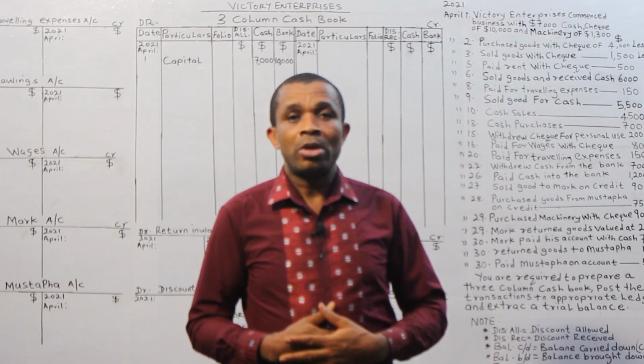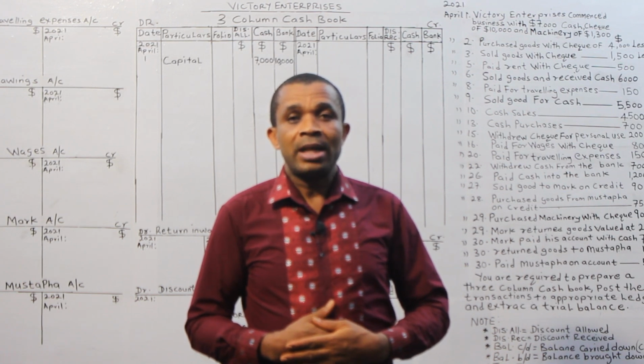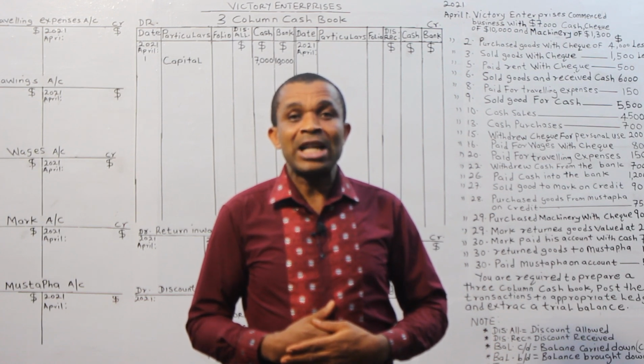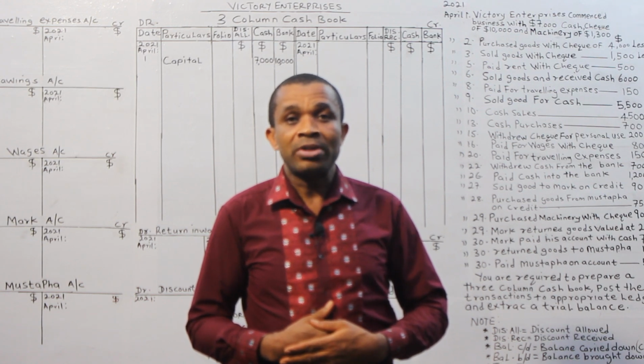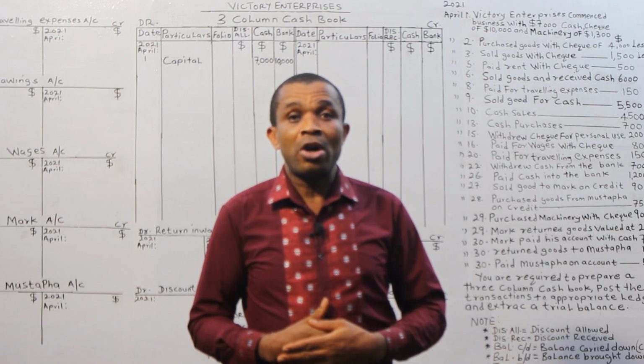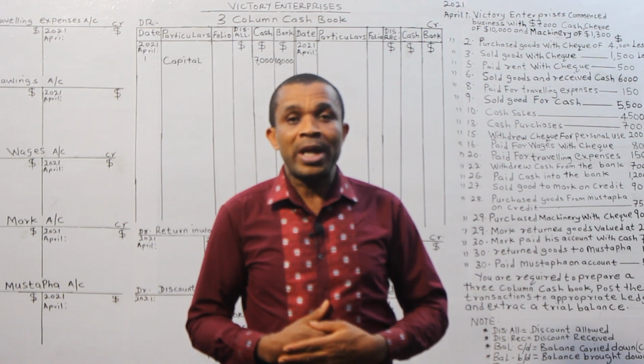April 2nd, purchase goods with check of $4,000 less 5% discount. Now we are going to determine how much was actually paid and how much was the discount before this entry is made. When we discover the amount of the discount involved, then we deduct it from the actual amount that we are supposed to pay when we purchased the goods.